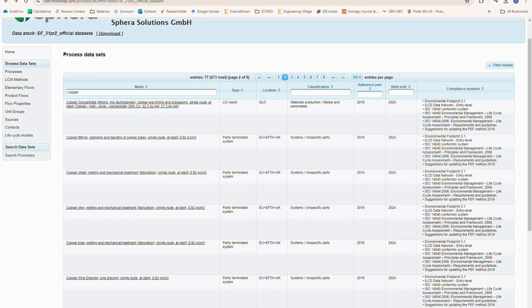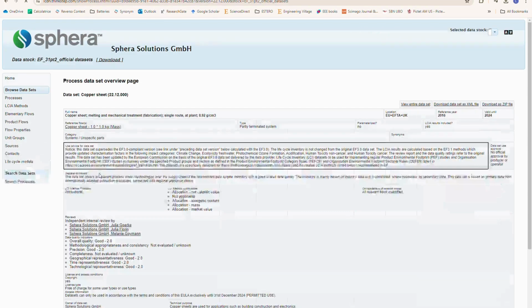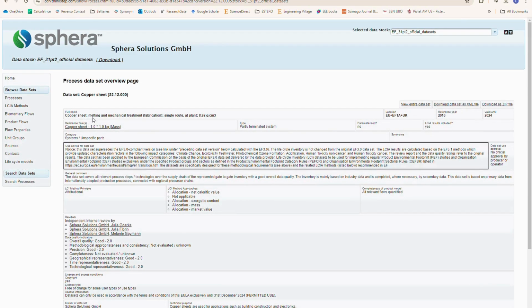So, for example, we can use some free database, like ThinkStep, to download input and output of each product flow. For this example, we can gather information regarding copper sheet to get the information again of input and output of this product flow, instead of using copper wire for the sake of brevity.